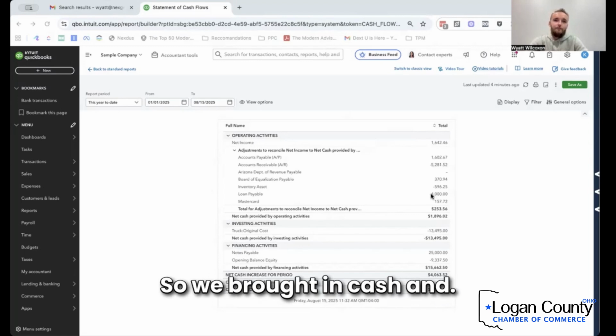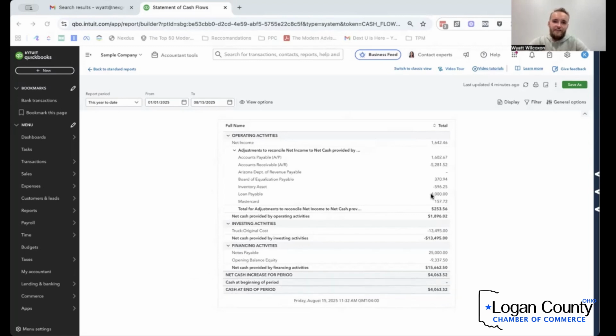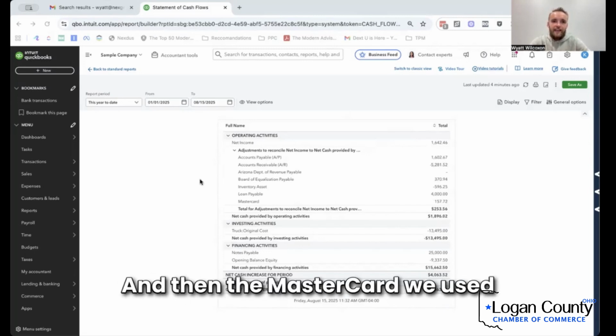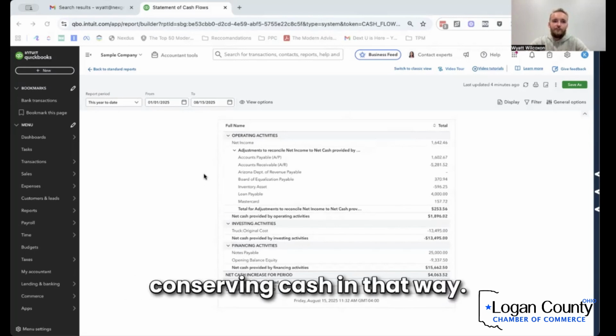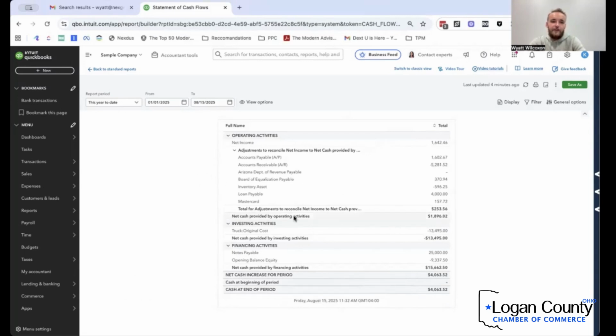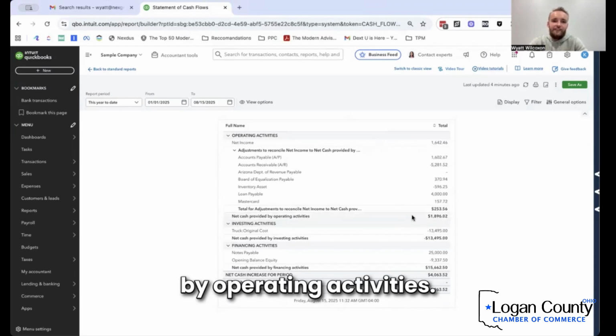So we brought in cash and we're going to use it towards operations or whatever that loan's for. And then the MasterCard, we used credit. So we're also conserving cash in that way. And it is $557.72 there. We have net cash provided by operating activities. This is how much cash that we have freed up.